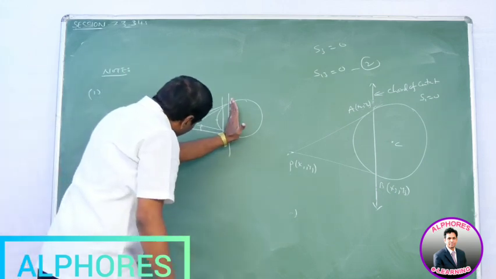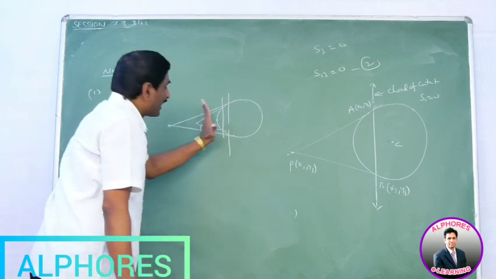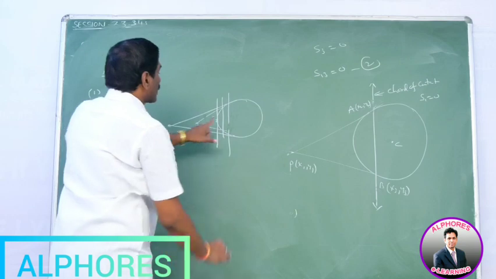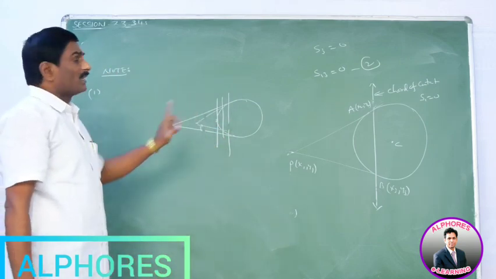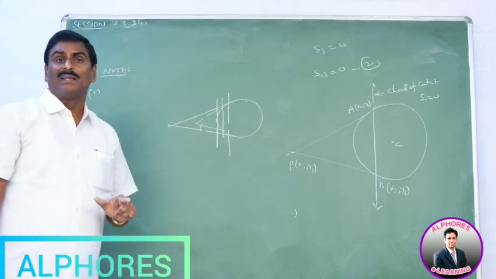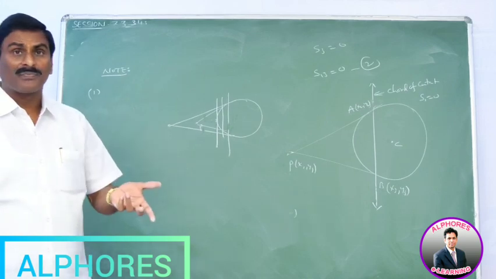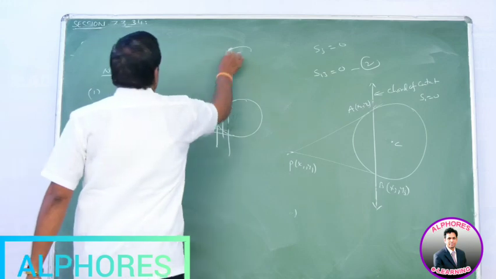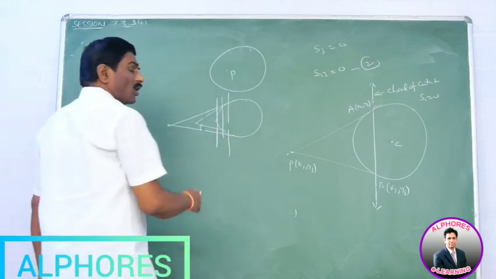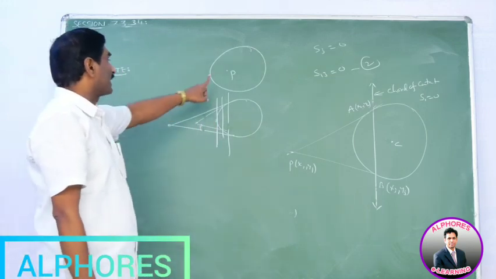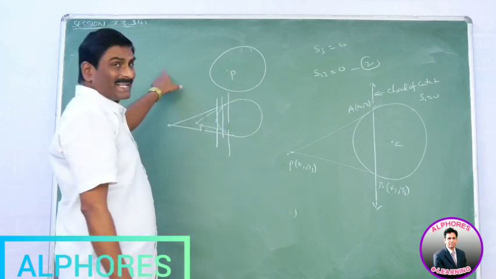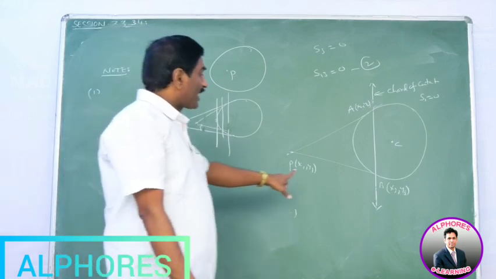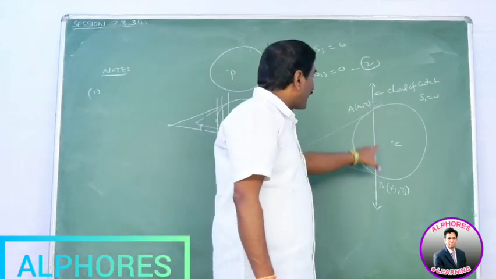It moves towards the circumference of the circle. So if P lies on the circle, the chord of contact coincides with the tangent to the circle. Suppose the point P lies inside of the circle, then no tangent exists. We cannot draw any tangent. So the chord of contact is the line joining the points of contact.